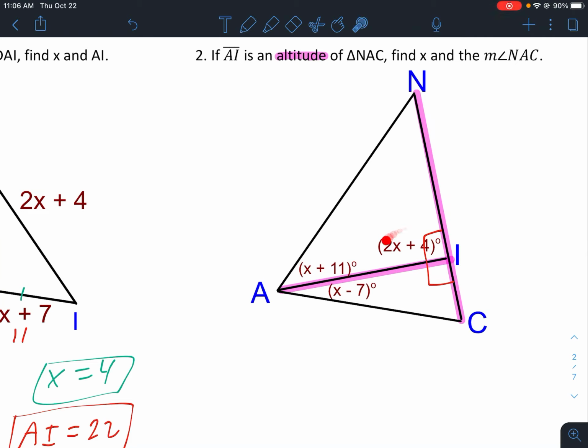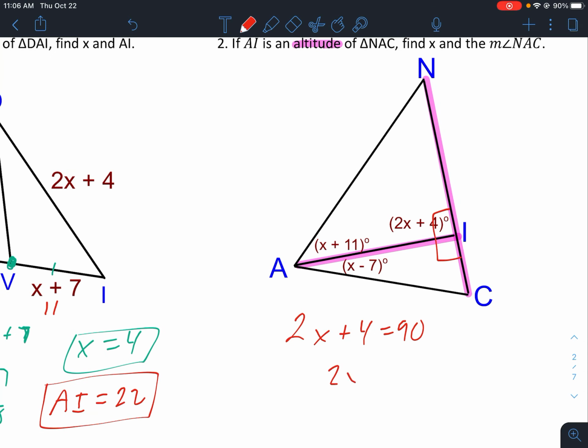So I know that this angle right here must be 90 degrees. So 2x plus 4 must equal 90 degrees. Okay, subtracting 4 from both sides and dividing by 2, x is equal to 43.